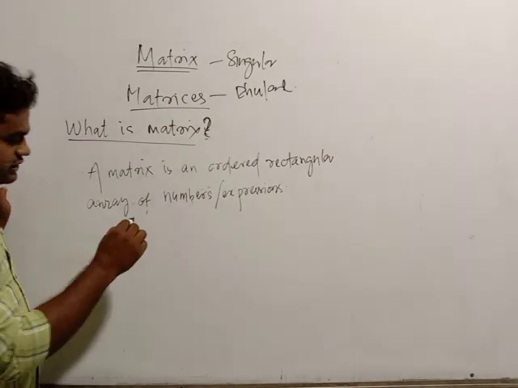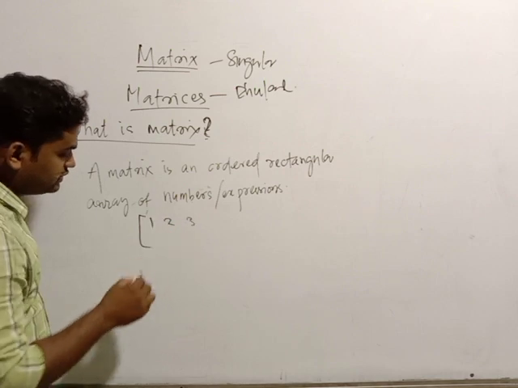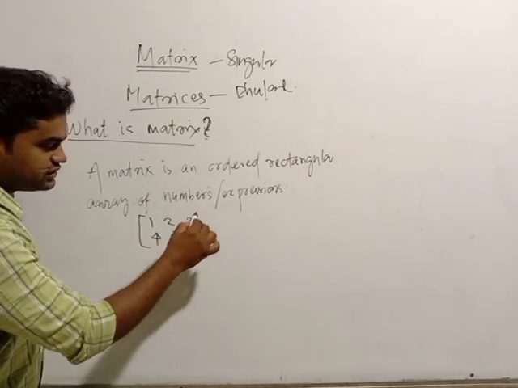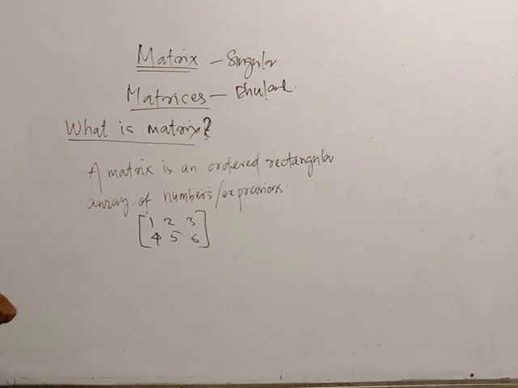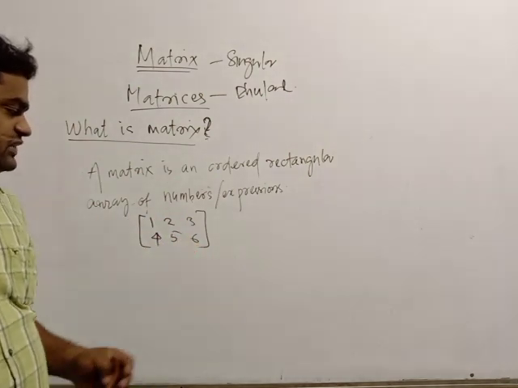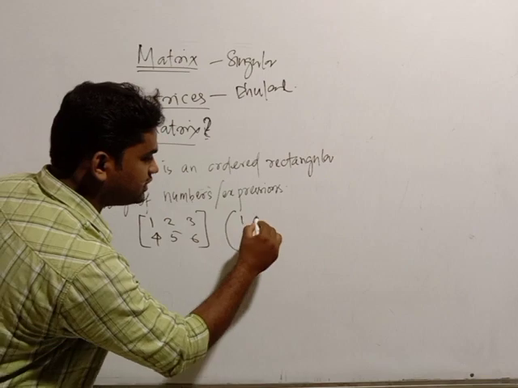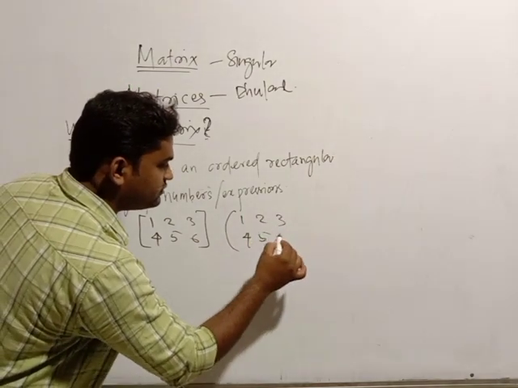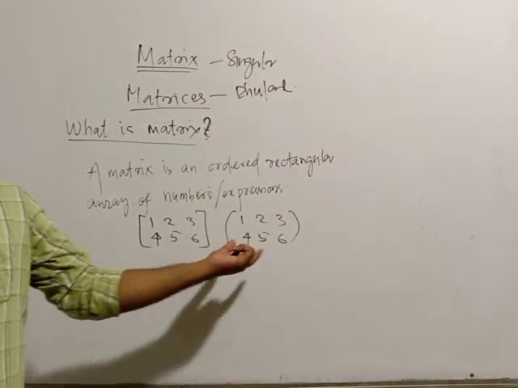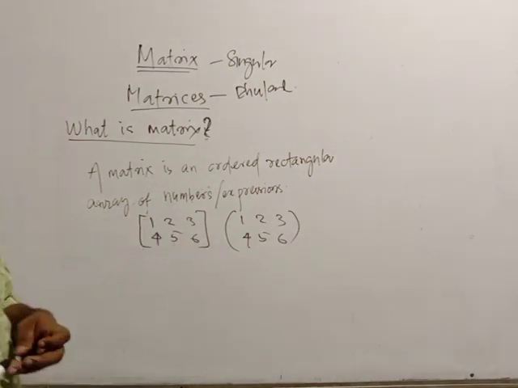Simple, look here. If we write numbers 1, 2, 3, 4, 5, 6 in a rectangular manner, and the positions are ordered, this is called a matrix. We can also write it with these symbols. These are only symbols to write a matrix.